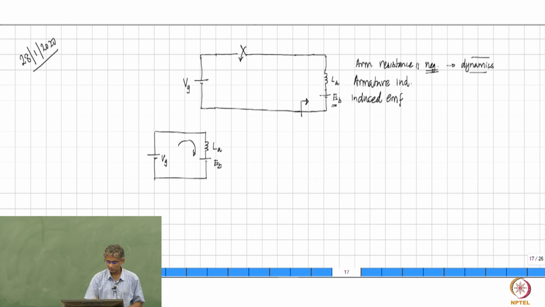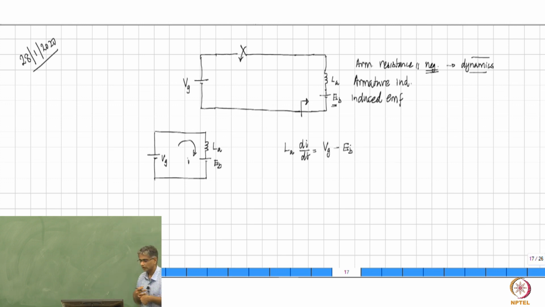And you want to find out how much current will flow, right? The equation is very simple. It simply says LA into di by dt equals Vg minus Eb. That's all, right? L di by dt is the voltage across the inductor, which you very well know.